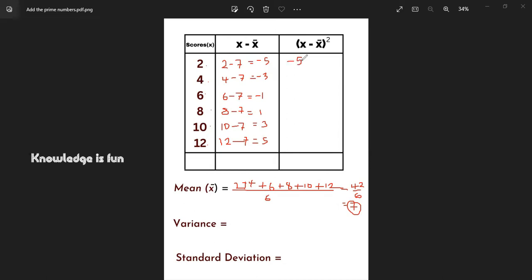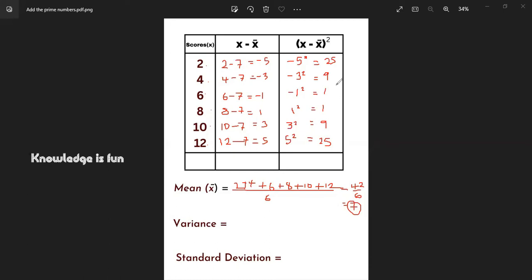It says minus 5 squared, and this gives 25, and 25. Now, beautiful. This is perfect.